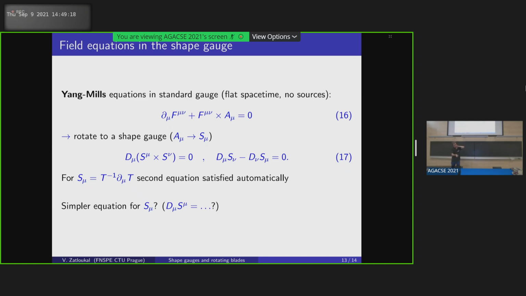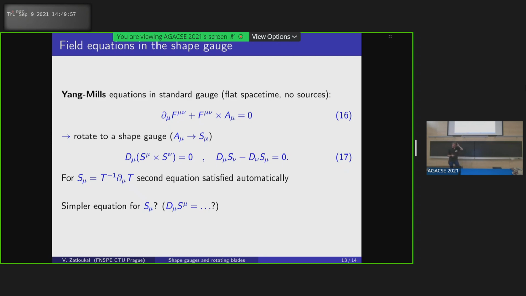And of course, there is also this condition on the shape gauge being the shape gauge. But if we take the ansatz in this form, the second equation in 17 is automatically satisfied, and then basically we have an equation for this rotating blade, which is second order nonlinear, but it has some structure, and it's an equation for a function which is n-blade valued, but it has no space-time indices anymore.